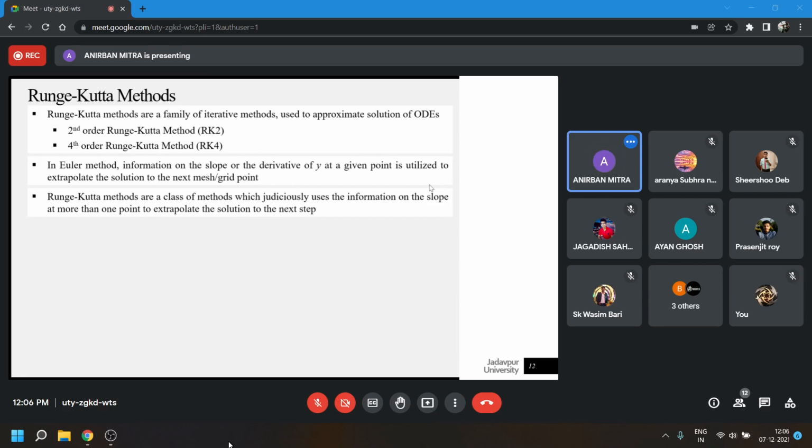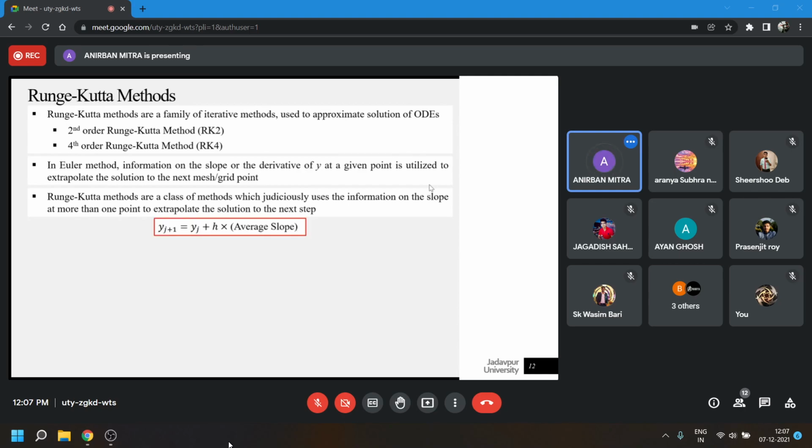In contrast to that, in RK methods, we judiciously use the information on the slope at more than one point. And on the basis of this information of slope about multiple points, we extrapolate the solution to the next step. So what is the difference? In Euler method, single point slope is used, whereas in RK methods, slopes at multiple points, I should say, are utilized to obtain the next solution.